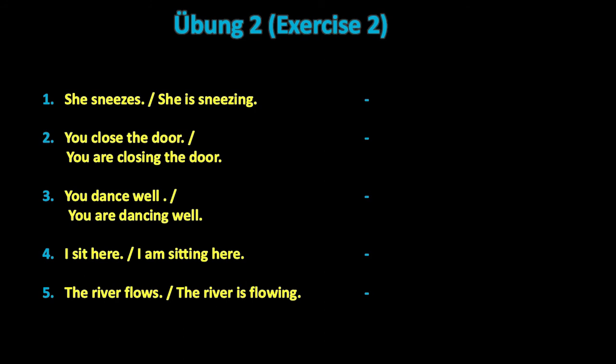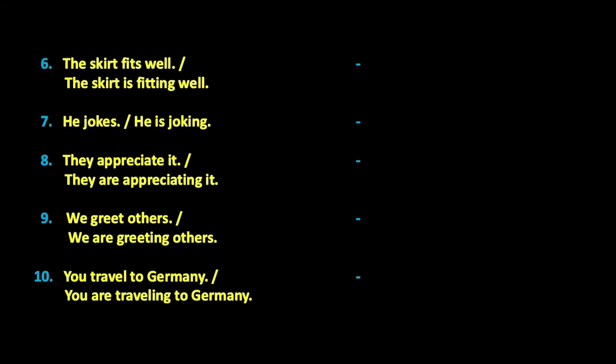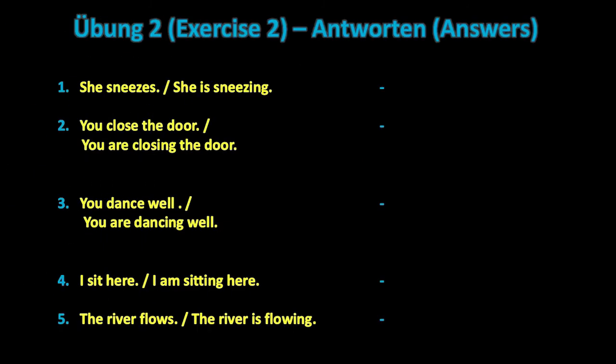Again, pause the video for a while and try to translate these 10 sentences into German. Übung 2, Exercise 2. Well, let's check whether you are correct. Übung 2 Antworten. Exercise 2 Answers.